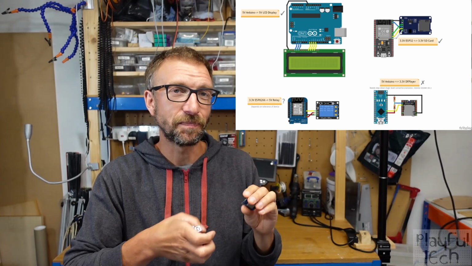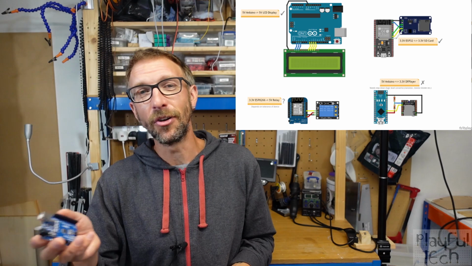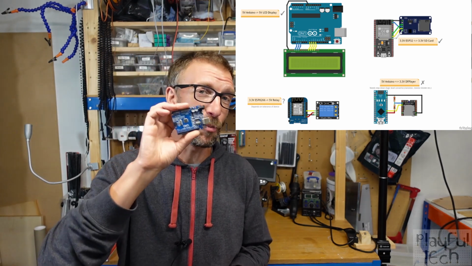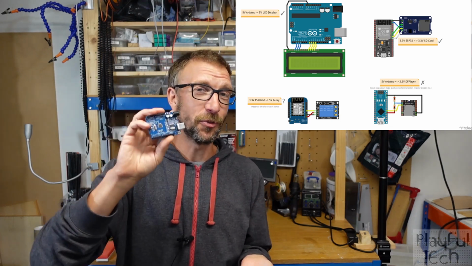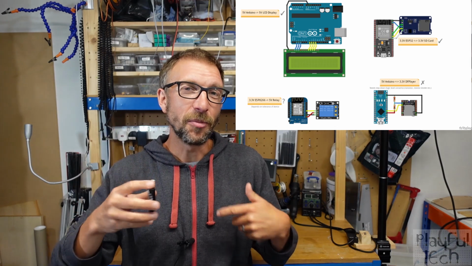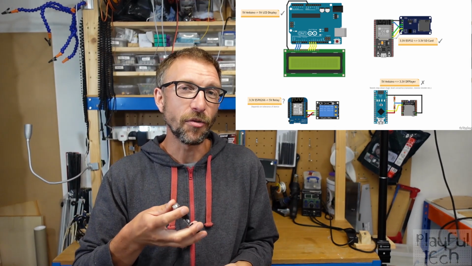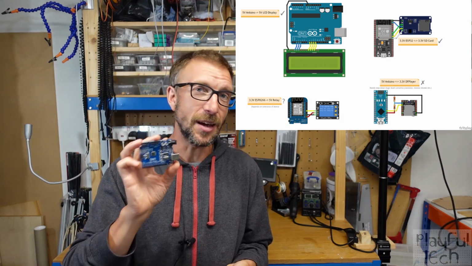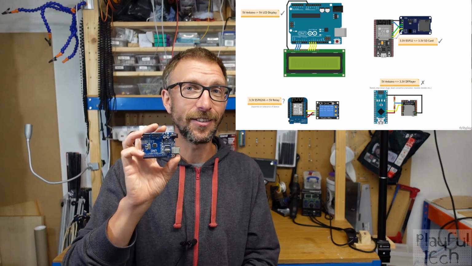So if you get strange behavior, you may have to consider using a logic level converter to step up the signal instead. And what about if you wanted to control a 3.3 volt logic device, but from a controller that outputs 5 volt at the GPIO pins? Well, this is the worst possible combination. Some 3.3 volt devices are described as what's called 5 volt tolerant, which means that even though they operate at 3.3 volts, they will still accept a 5 volt signal, in which case you could directly connect them.